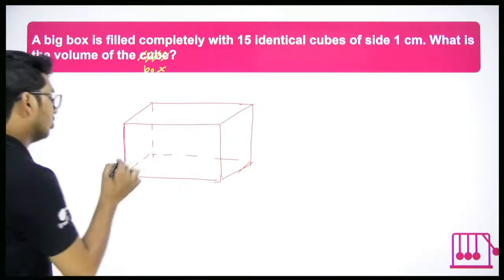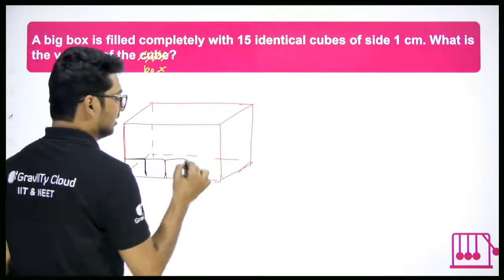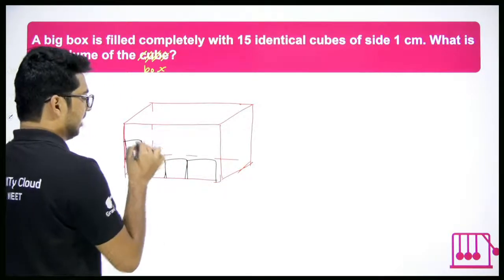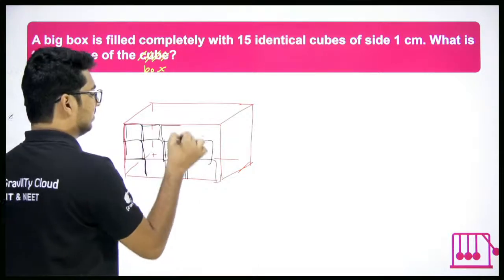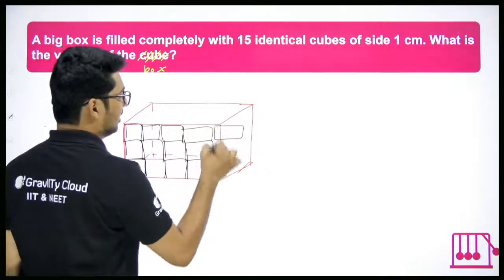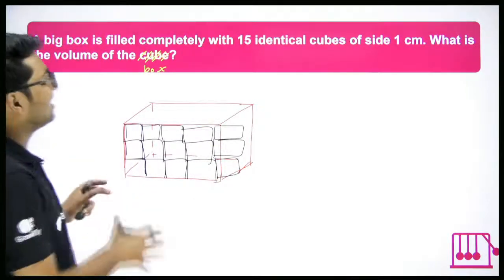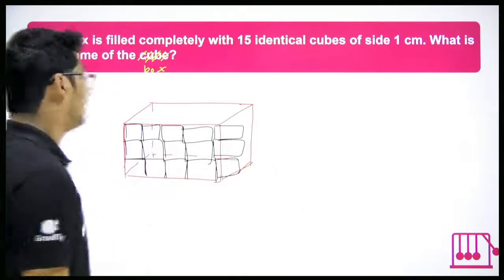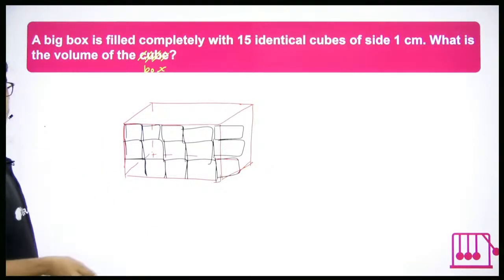You are filling it with small cubes. You can think of this one cube, then another one, then another one, then another one, right? Upon that another one, another one, another one. I am showing here how many? 12, but I think there are 15 in total. So it is completely filled with how many cubes? 15 cubes. So what will the total volume be?